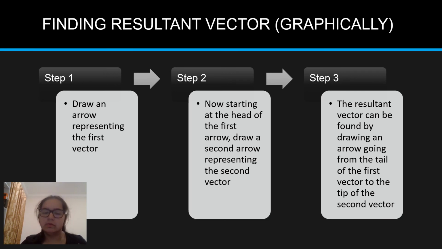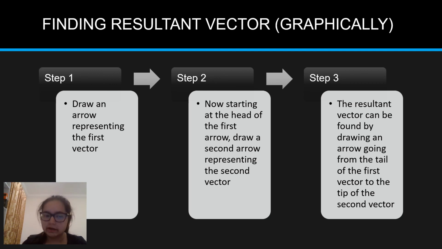First of all, you need to draw an arrow which represents the first vector. Then at the head of the first vector, we need to draw the other arrow which represents the second vector. And the resultant vector can be found by drawing an arrow from the tail of the first vector to the tip of the second vector.